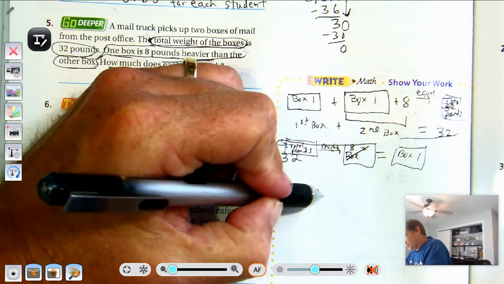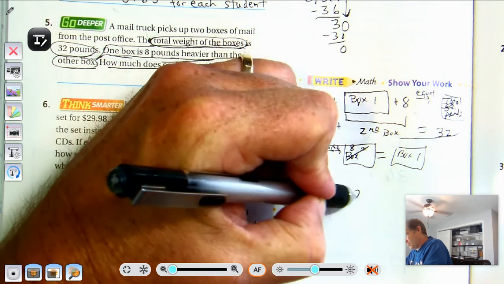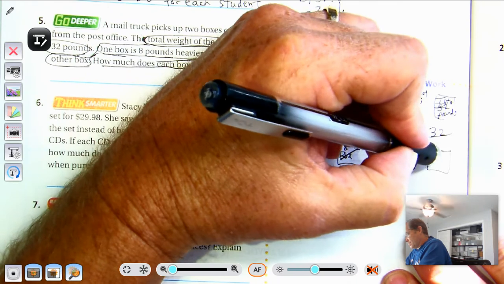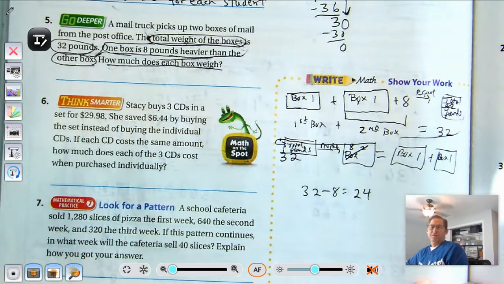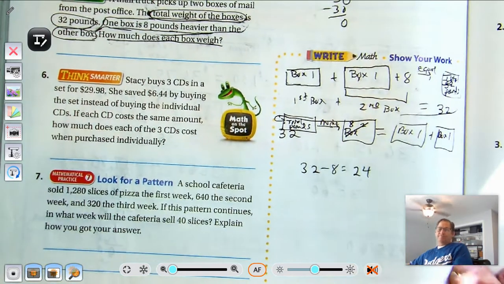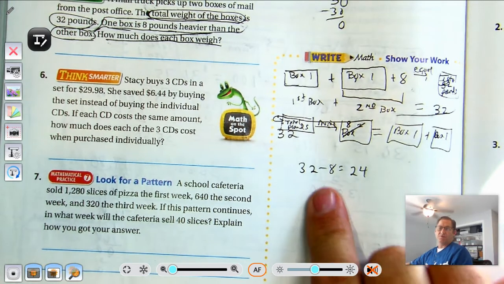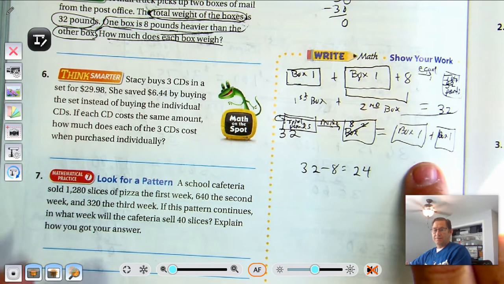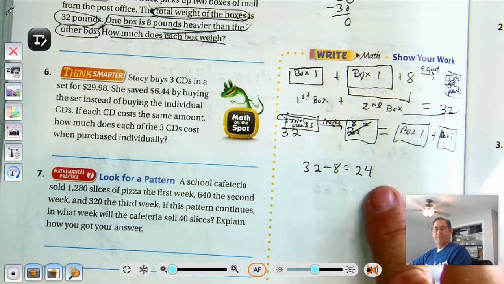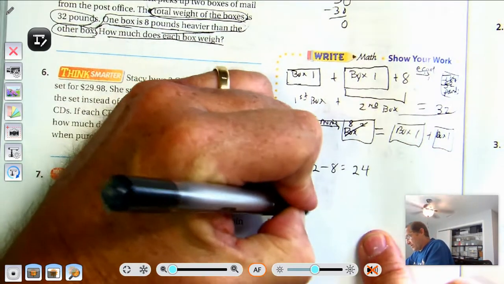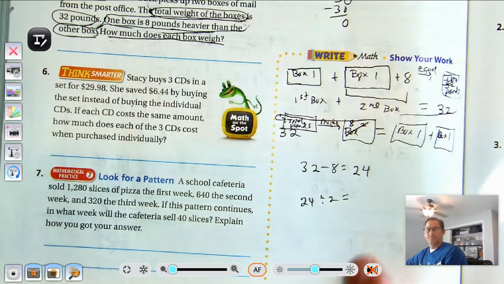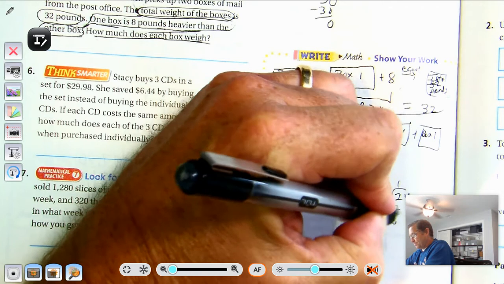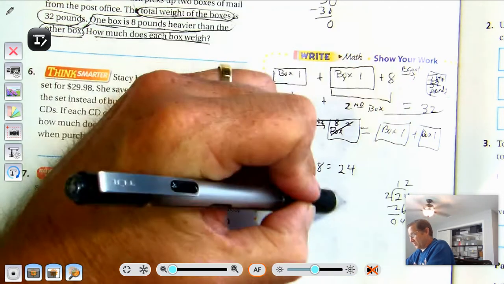So 32 minus 8 is 24. So that would be if they were equal, right? If we're taking away the 8 pounds, so each of the boxes would be equal in that case. If they were exactly the same, they would come out to 24. So we could take 24 and divide by 2. Well, 24 divided by 2, we know that that's 12.